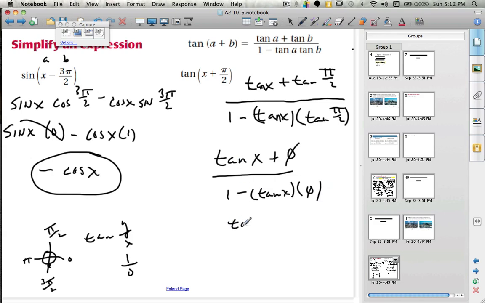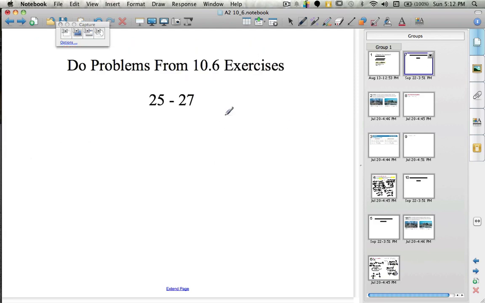So this is just going to be the tangent of x over 1, which is tangent of x. Alrighty, so again, going back into some simple things from the unit circle and taking what is a more complicated item, meaning we've got two angles being added together, and simplifying it down. Okay, go ahead and try that out yourself. Do problems 25 through 27, and then come on back.